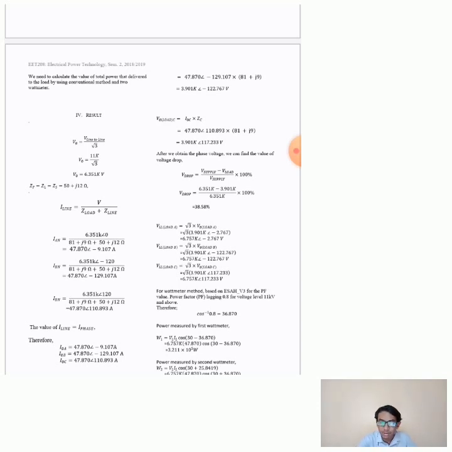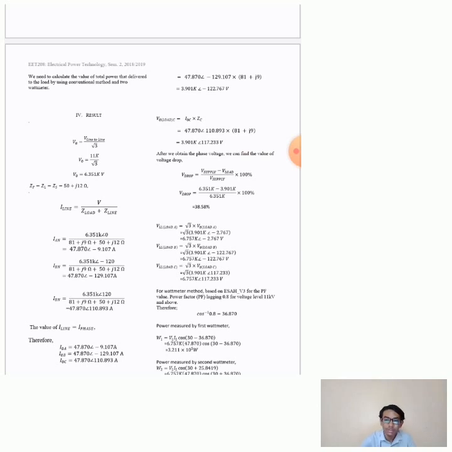Next, we will calculate the voltage drop, where we want to get the value of voltage drop in percentage. After that, we will calculate the VLL for load A, load B, and load C using the appropriate formula.